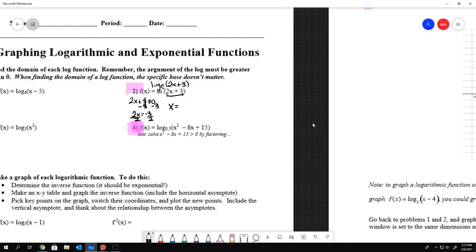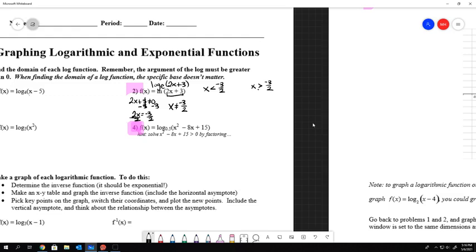So I know x cannot be negative 3/2, but it can be something that is smaller than negative 3/2, or it could be something that is greater than negative 3/2. So I'm going to pick one number smaller than negative 3/2, and one number greater than negative 3/2.